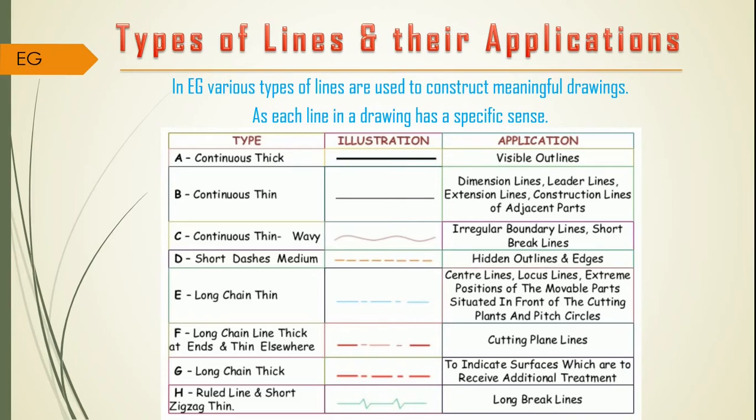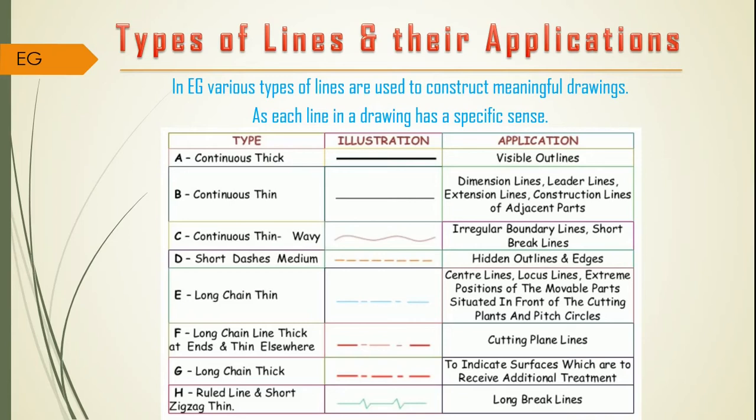Just for those respective purposes we are using the continuous thin line. What exactly the dimension line and leader line are, we are going to discuss in a coming slide, but just focus that the continuous thin line is to be drawn with the thickness of 0.2 mm.